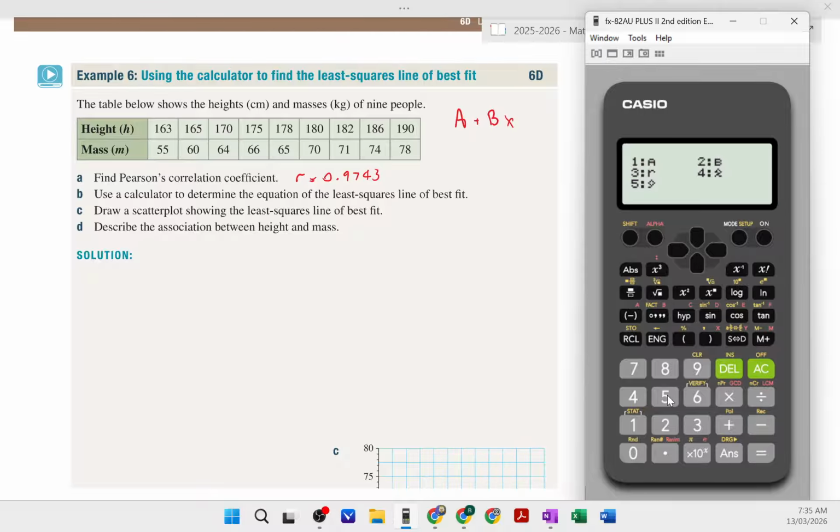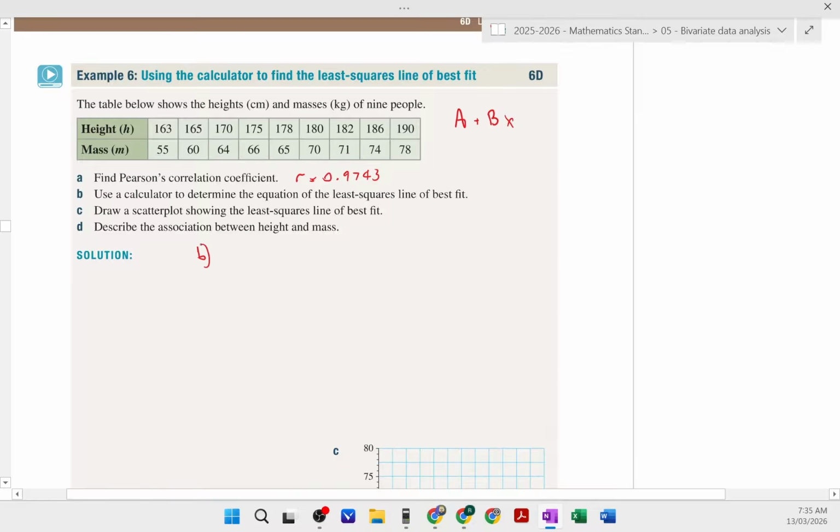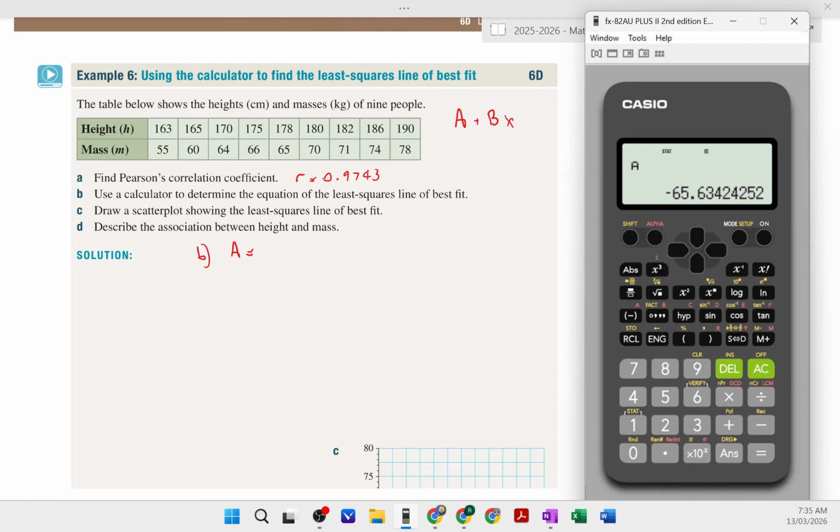So let's get the regression for A. We'll press 1 and then equals, and for question B, A equals minus 65.63.